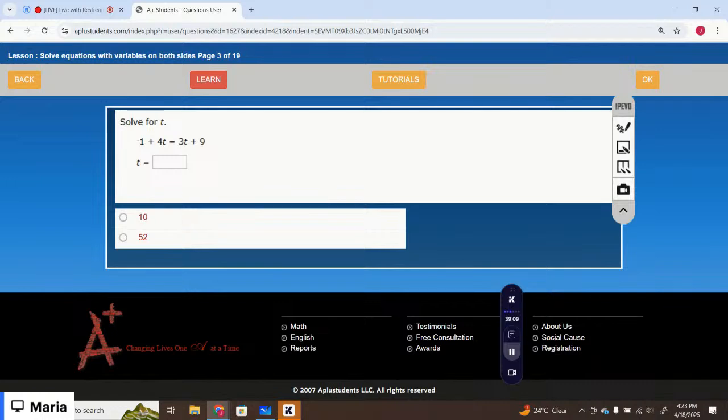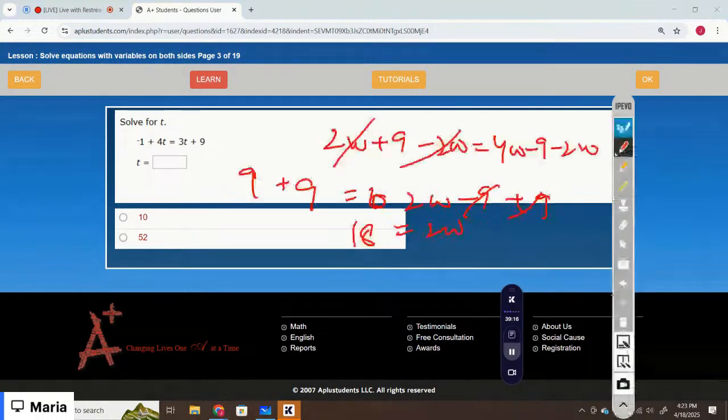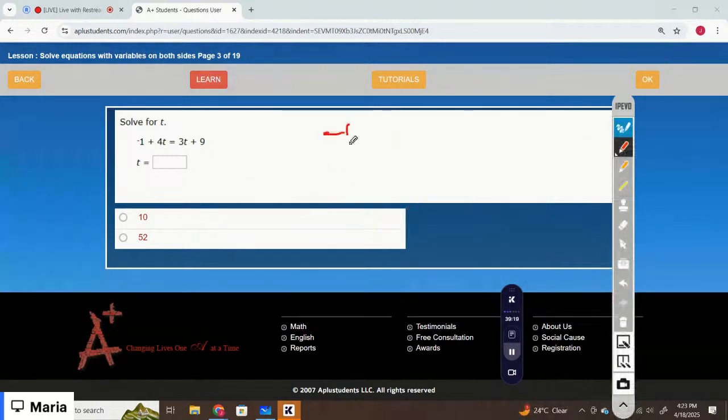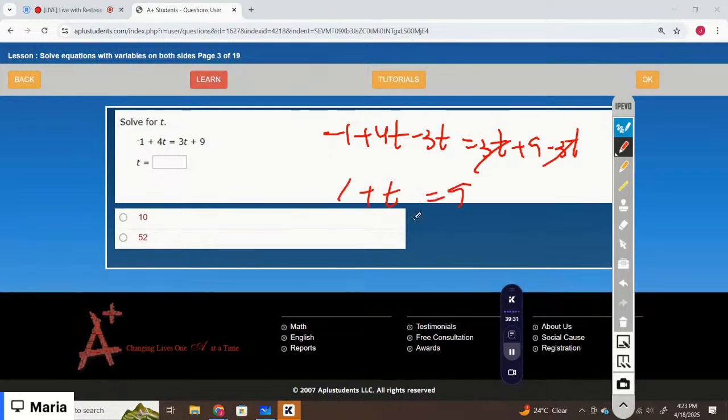Solve for t. Let's just subtract 3t from both sides. Negative 1 plus 4t minus 3t equals 3t plus 9 minus 3t. 3t minus 3t cancel out. So negative 1 plus t equals 9. Move negative 1 to the other side, so we can add it. So t equals 10.